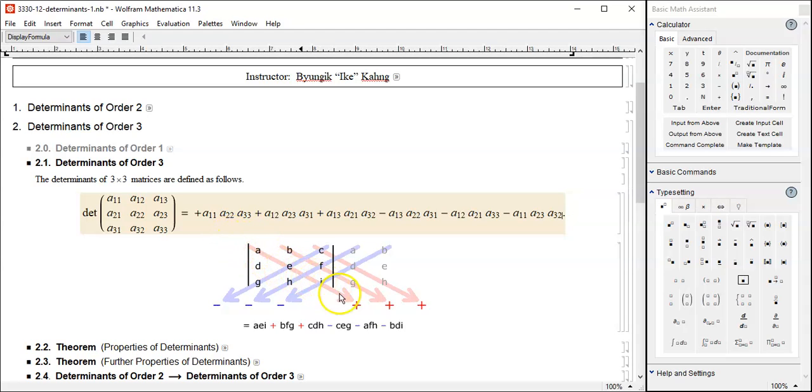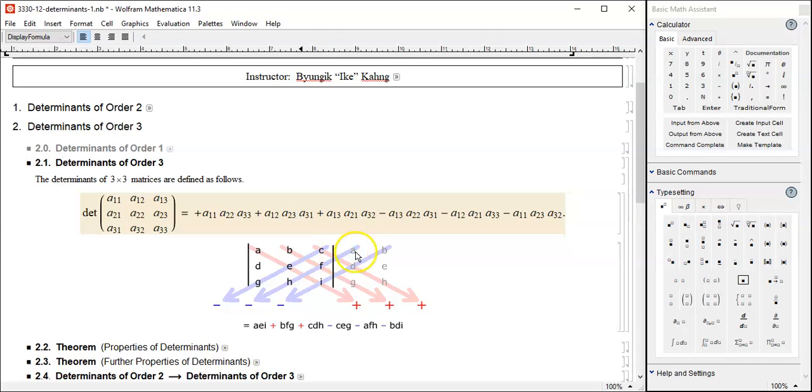If you go in the principal diagonal direction like this, positive, and if you go the other direction, that's negative. If you go out of bound, then you just continue on over to A like this.